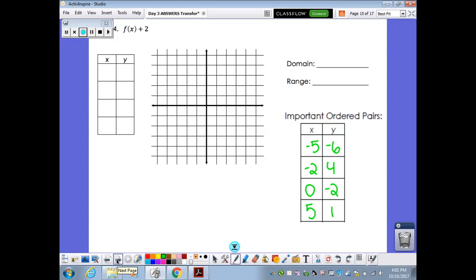We have now f of x plus 2. So essentially y plus 2, which means we're adding 2 to all of our y's. The x's stay the same. We're adding 2 to all of our y's. And now we plot our new points.